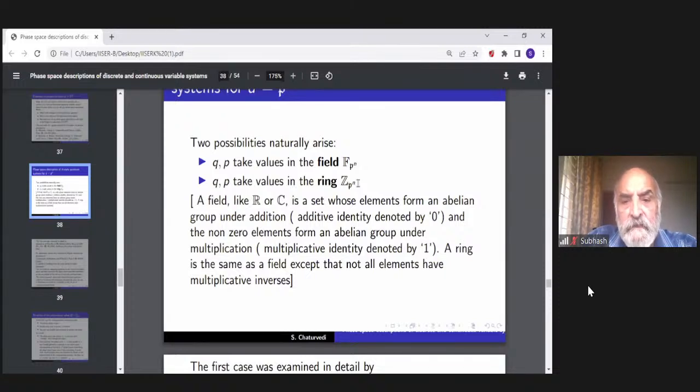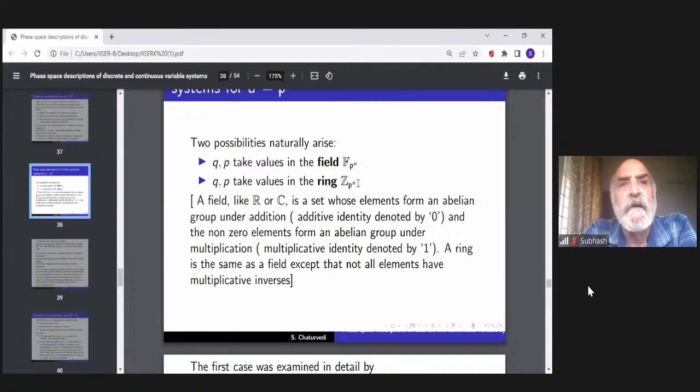I'm sure that those of you who are interested in these matters have gone through it. And here we have a phase space where Q and P take values in the finite field. So it will be a sort of a lattice, the basic phase space.